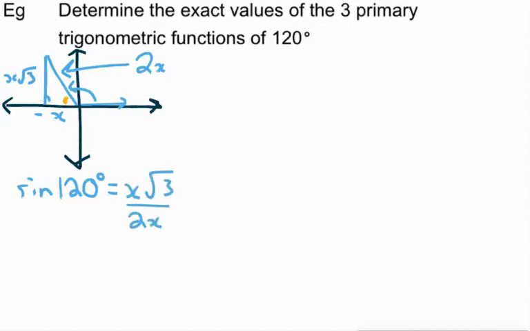So the sine of 120 is x root 3 over 2x. Cancel the x's, top and bottom. Oh, sorry. No, never mind. Sine of 120 is root 3 over 2. Perfectly fine to leave it like this. Root signs in the top.